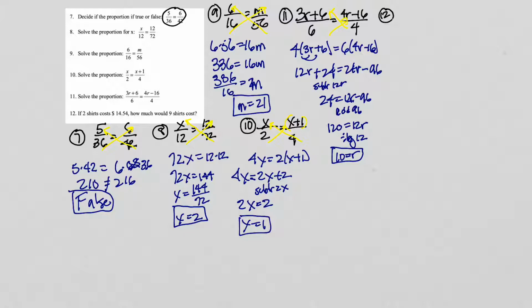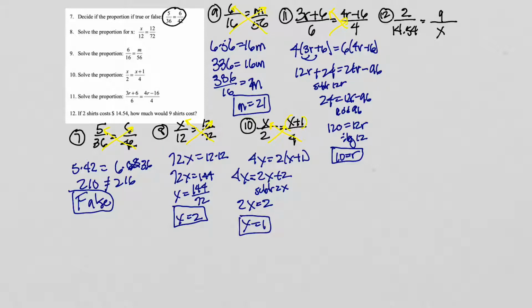Number 12 looks like a word problem here. What we're getting is 2 shirts for $14.54, and we want to know how much would 9 shirts cost us. So I'm going to set this up as a proportion, just pretty much as I see it. I get 2 shirts for $14.54, and now I get 9 shirts for how much money?